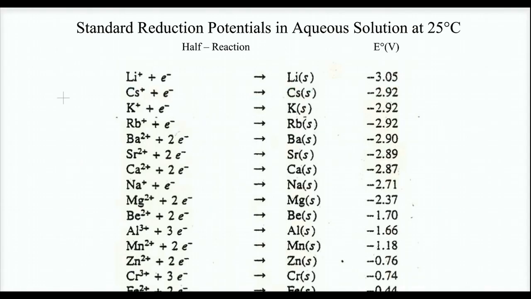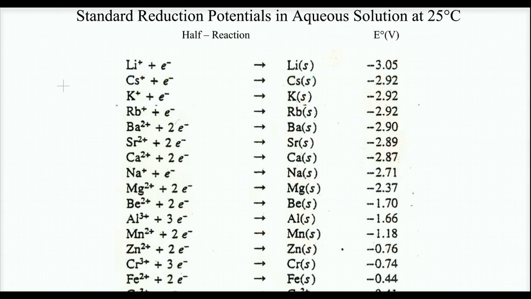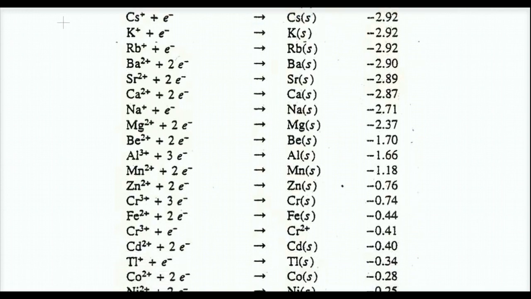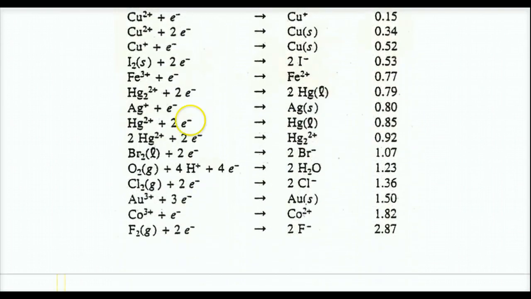Here I have my reduction potentials at standard conditions. That's why the little 0 is there. This E means electromotive force or voltage, which is joules per coulomb. Any case, I'm going to go find silver ions gaining electrons, and there it is. There is my half reaction, and it's positive 0.80.